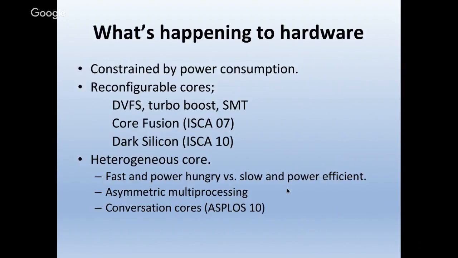This is what we already do today, like DVFS, which means dynamic voltage and frequency scaling, and turbo boost, and also SMT. There's also some research techniques like core fusion, which allow us to fuse multiple physical cores into a single, more powerful core, or split them up again.